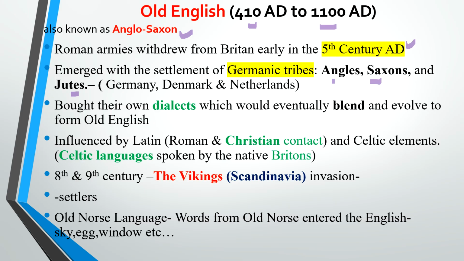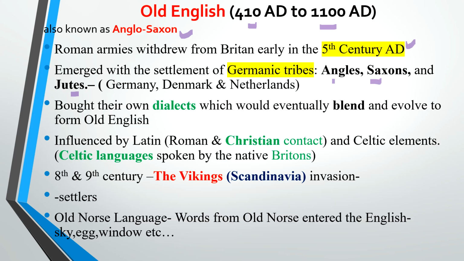That's why the Anglo-Saxon age in Britain was from around 410 AD to 1100 AD, or 1066, up to the Norman conquest.